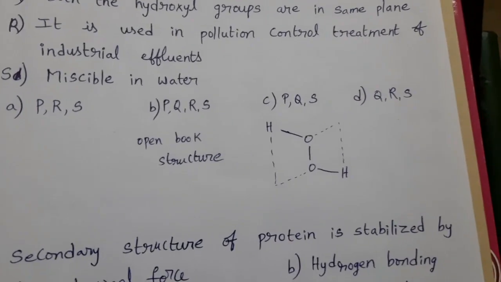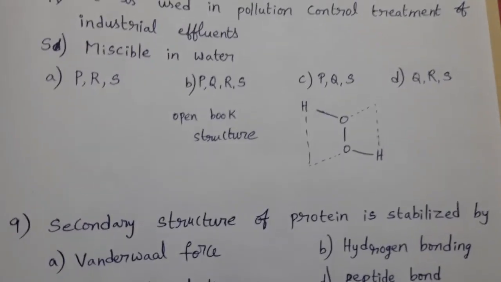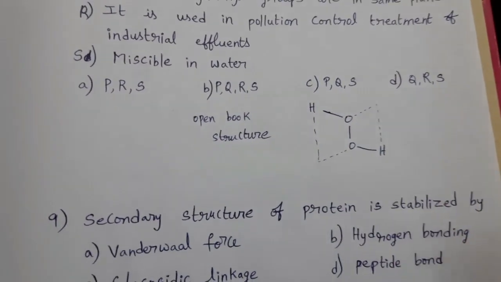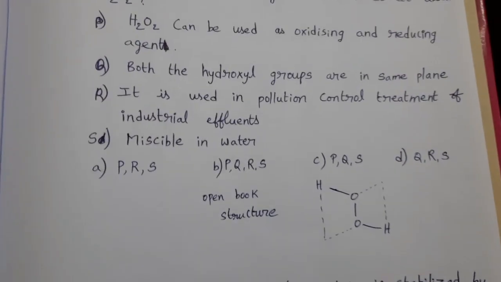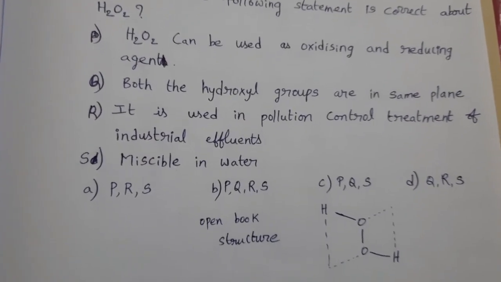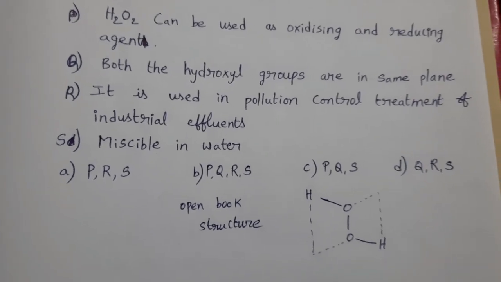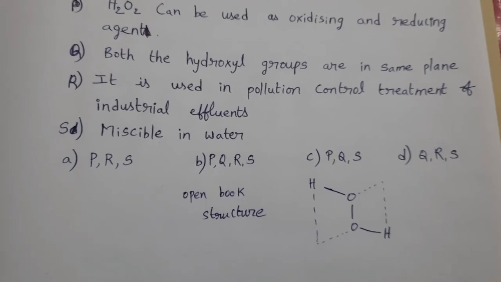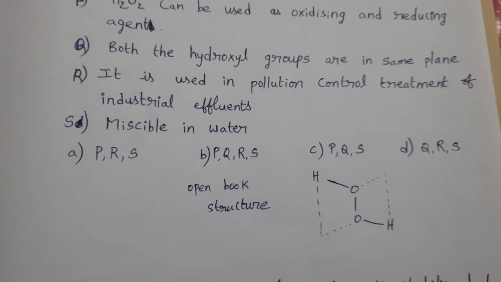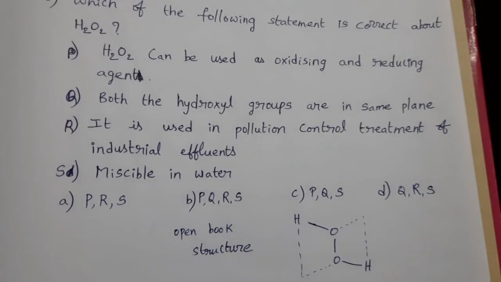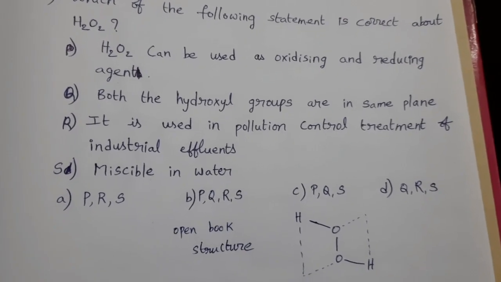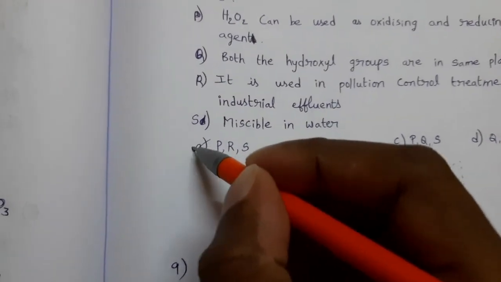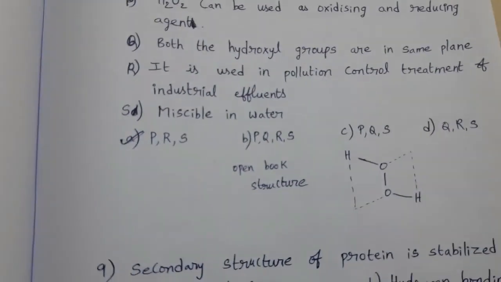So this is the structure of H2O2. In this, both the hydroxyl groups, the OH groups, are not in the same plane. So statement Q is wrong. Next, it is used in pollution control treatment of industrial effluents. That is also correct. Miscible in water. So statement Q is incorrect. Remaining P, R or S are correct. So what is the suitable option? Option A is the answer.